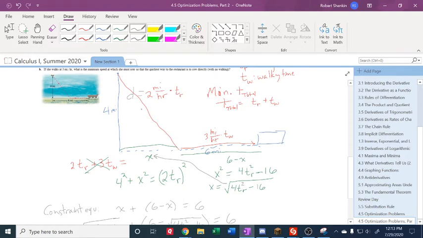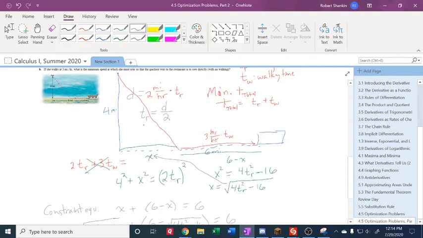So the time rowing is whatever this distance is divided by the rate, 2. And then for that distance from here to here, you did what? I did 6 minus x over 3.